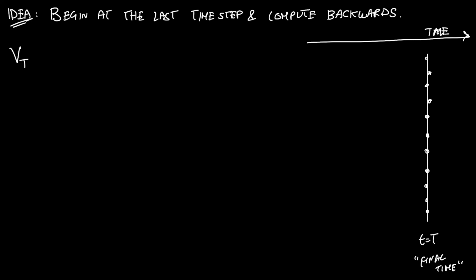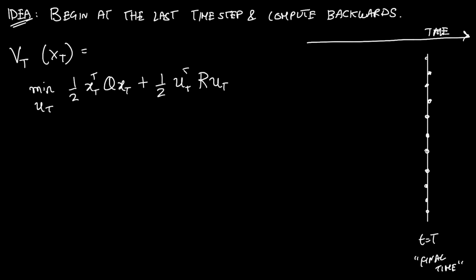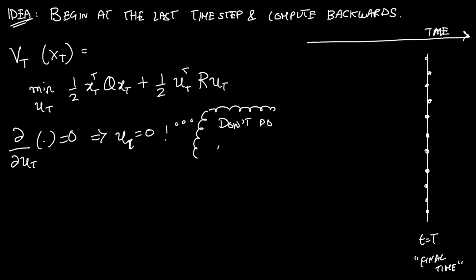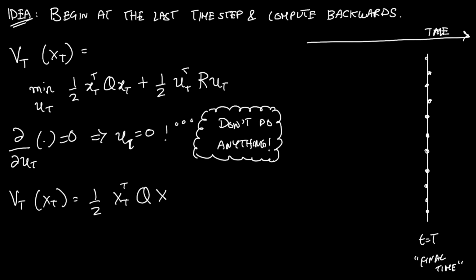Okay, so what is the value of the last time step? It's simply the cost at the last time step, half x_t transpose Q x_t plus half u_t transpose R u_t. And if you take the gradient of this value and set it to 0, it simply says you should set u_t equal to 0. This says don't do anything at the last time step because you'll only pay a price.